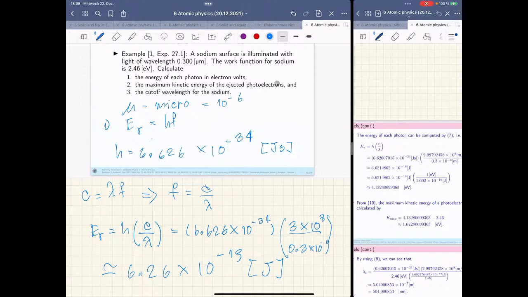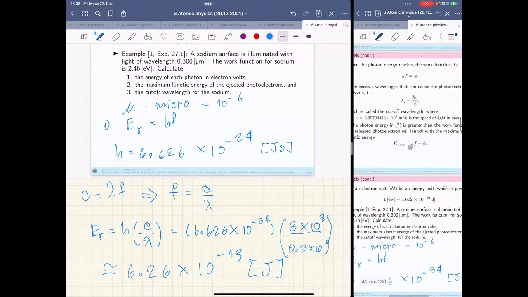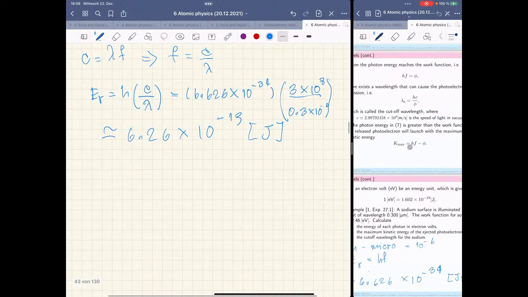The maximum kinetic energy of the ejected electron, right, which is this one, Kmax. Kmax is equal to hf minus phi. You know that hf is the energy carried by the photon, right?